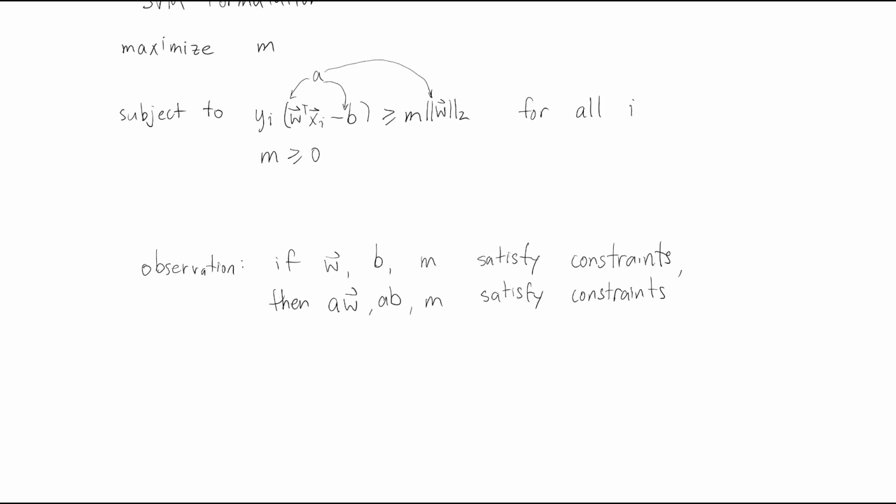In addition, not only do we not violate the constraints by scaling W and B, we can do it without changing the objective. So because of this, we can scale B and W any way we like.